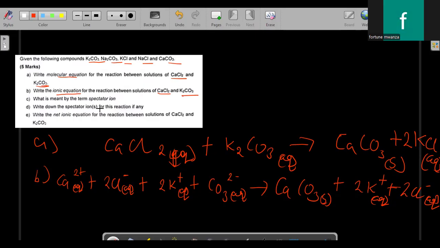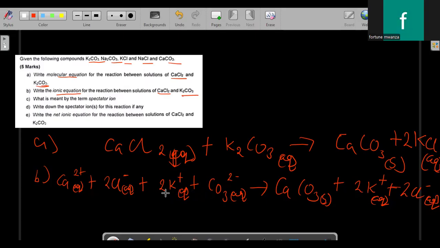Those ions that will not participate in a chemical change, we call them spectator ions. Most of the time, after you dissociate your reaction like this, you will notice that those ions remain unchanged; they are found in both the reactants and the products.